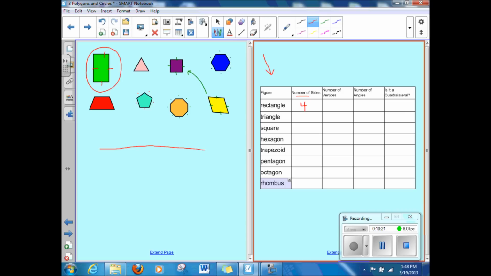Now here's an interesting word, the word vertices. The word vertices is any place where two straight lines come together. That's called a vertices, or vertex. Actually, it's called a vertex. If there's more than one vertex, like this is a vertex right here, it's kind of like mouse and mice.